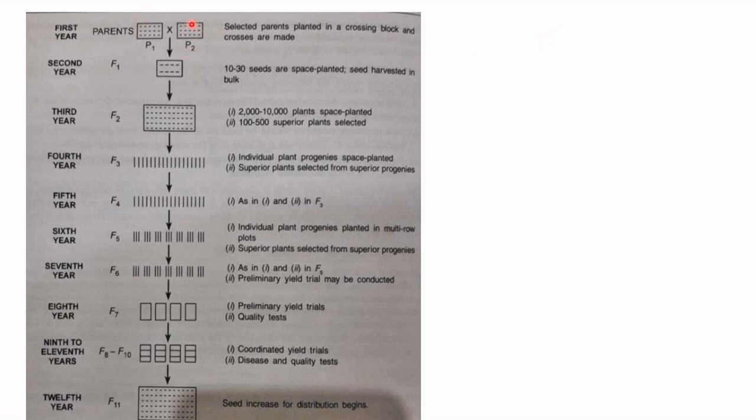While in the case of the pedigree method, the goal and objective is to bring the desirable characters of both parents into the F2 populations and select plants which have all the differential components of the P1 and P2 genotypes. So let's start the plant breeding program.